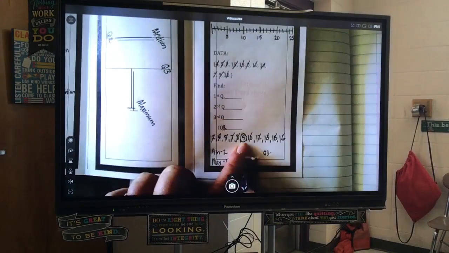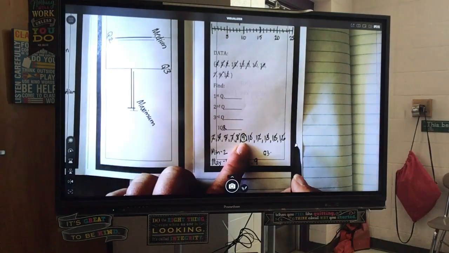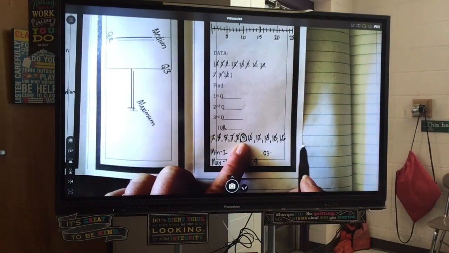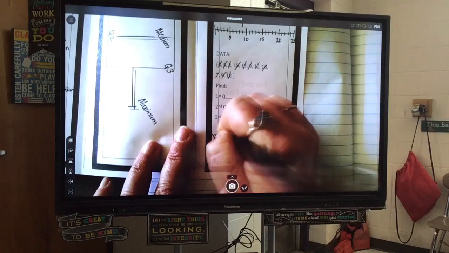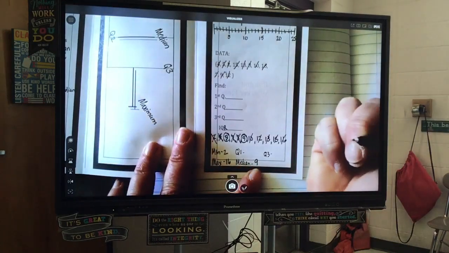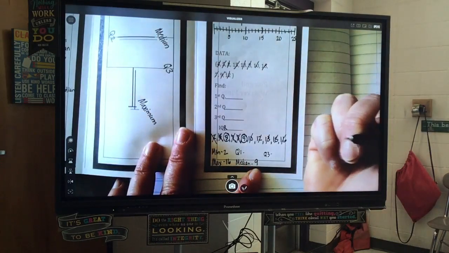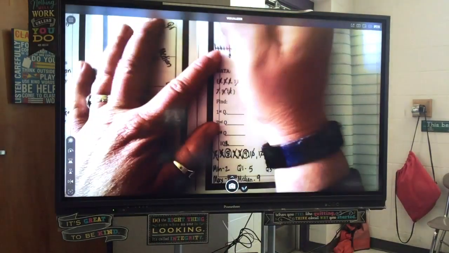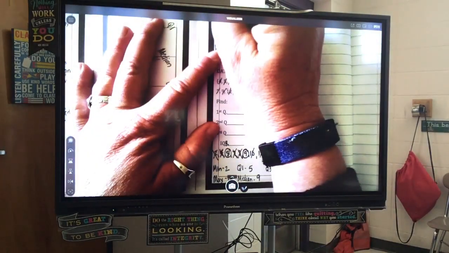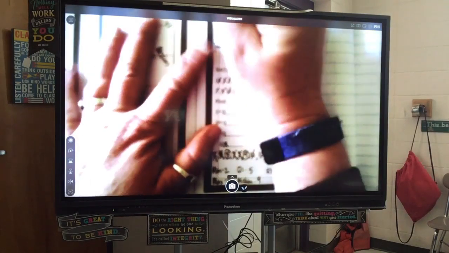Behind 9 would be up here. If I'm finding Q1, where am I looking? It's in front of 9. So cross off, cross off, cross off, cross off. What is my Q1? Jeremiah? 5. Alright, so up here, I'm gonna go up to 5. I'm gonna draw another line, and I'm gonna label it Q1.